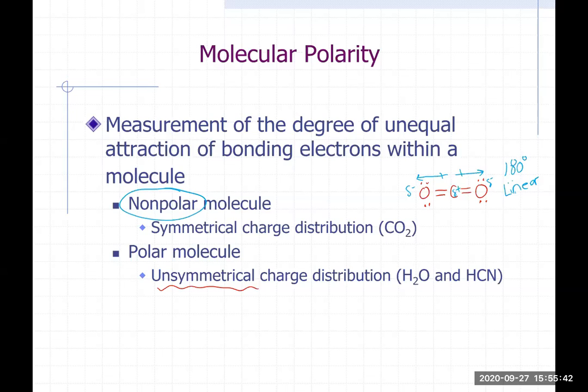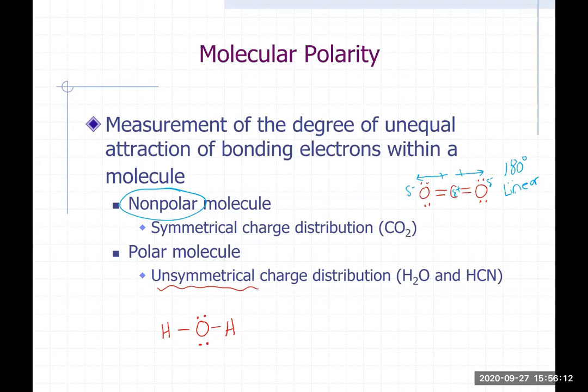Let's look at HCN, because we looked at water a minute ago. We saw that the VSEPR structure for water is bent or angular. In fact, let's look at water again a little bit more closely, because we really didn't look at it too closely on the last slide. So if we draw the Lewis structure for water, what we get is this.